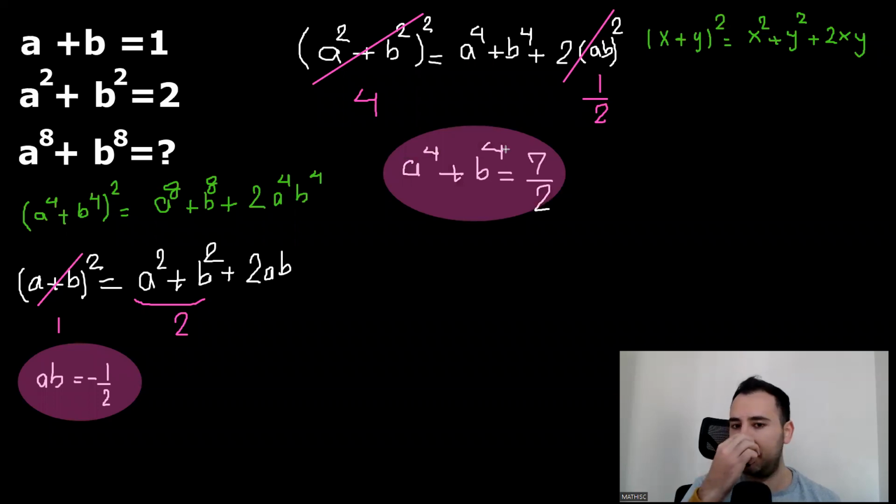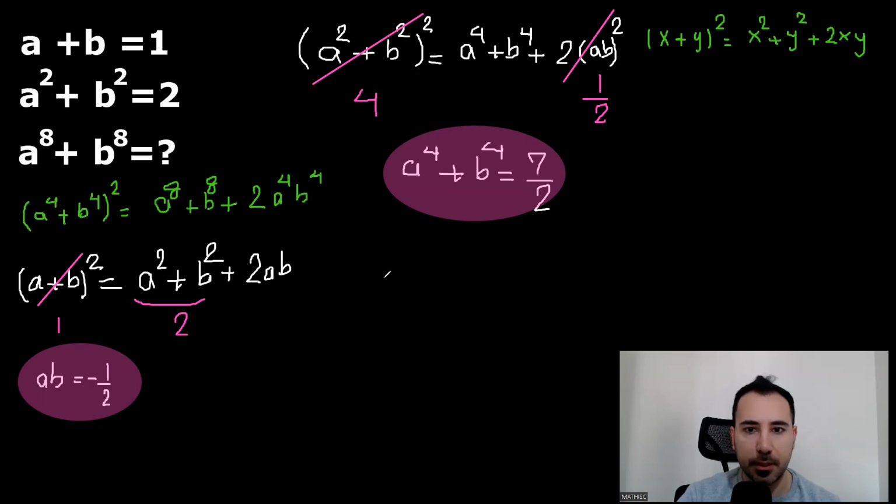Now let's focus on this green equation over here. Let's see what we have. This is going to be the same as this, 7/2 squared. This is what we need, and this is also what we have. So I'm going to use the green equation.